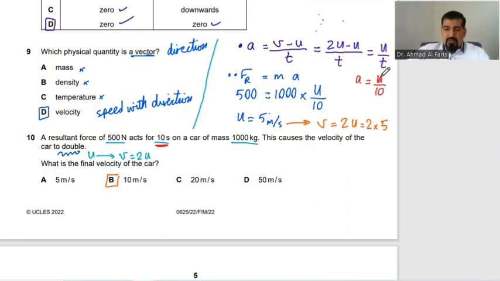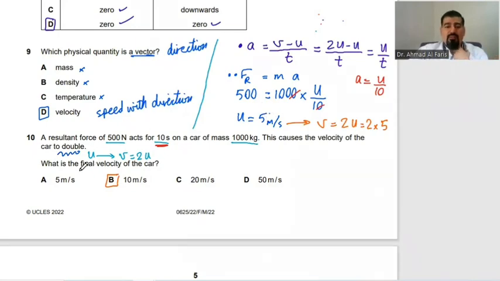So the acceleration equals u divided by 10. Substitute it in the equation: resultant force equals mass multiplied by acceleration. The resultant force, which is 500, equals the mass, which is 1,000, multiplied by the acceleration, which is u divided by 10. This 0 cancels with this 0. Divide by 100, divide by 100, so u equals 5 meters per second.